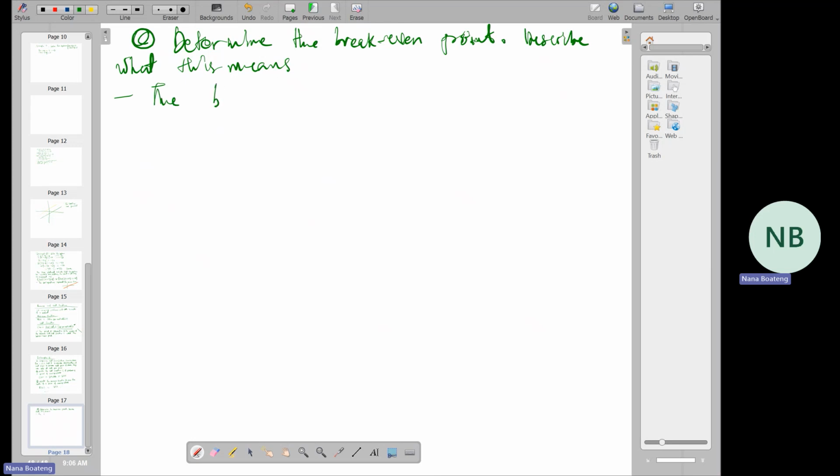The break-even point is when the graphs of C and R intersect.